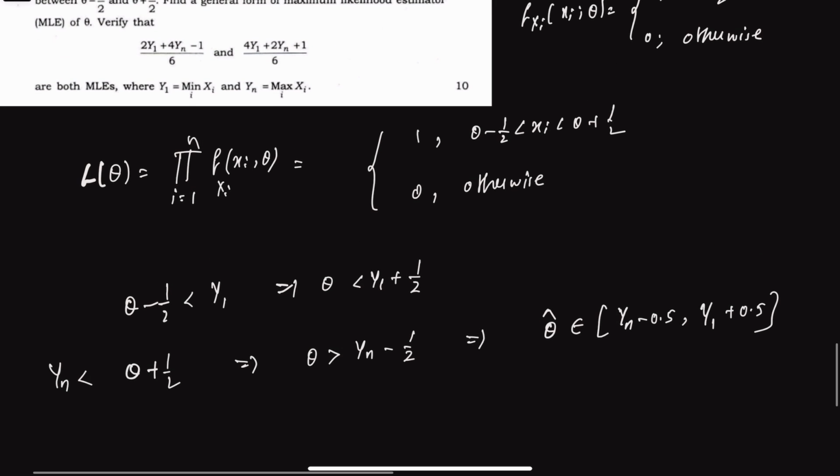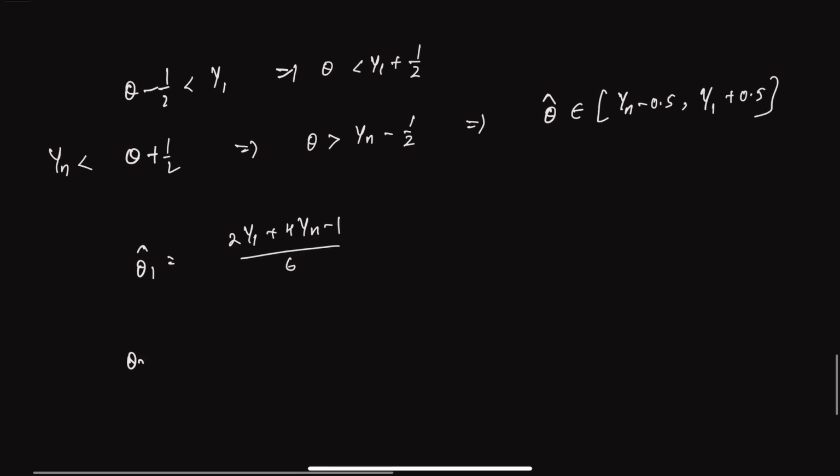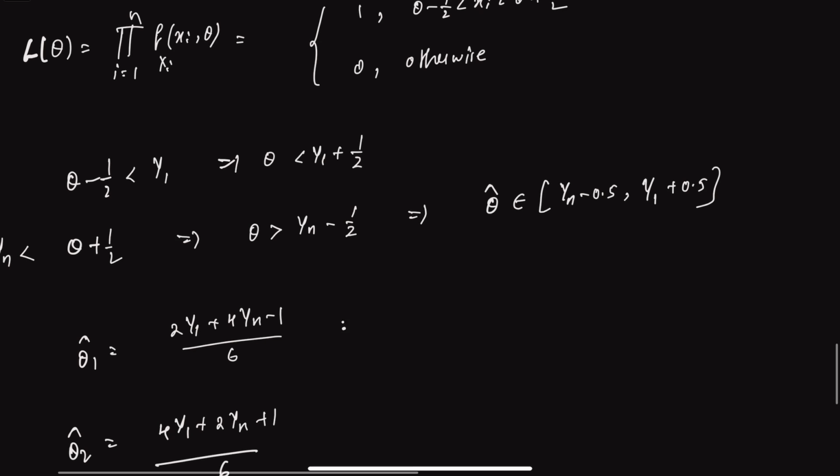Now if we consider the given estimators, let's take theta 1 hat as (2 times y1 plus 4 times yn minus 1)/6, and theta 2 hat as (4 times y1 plus 2 times yn plus 1)/6. Now we can see this is nothing but 2 times (y1 plus 0.5 minus 0.5) plus 4 times (yn minus 0.5 plus 0.5) minus 1, divided by 6.